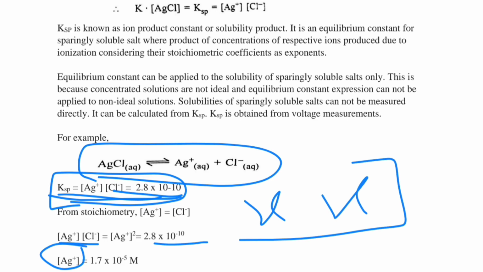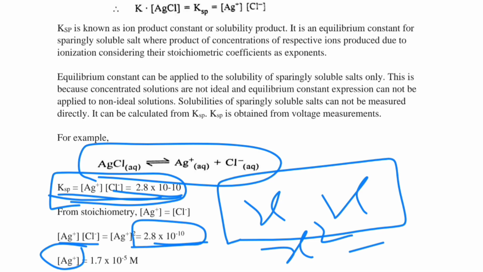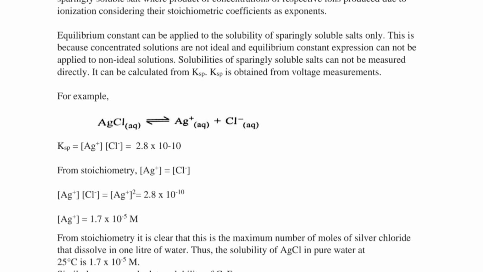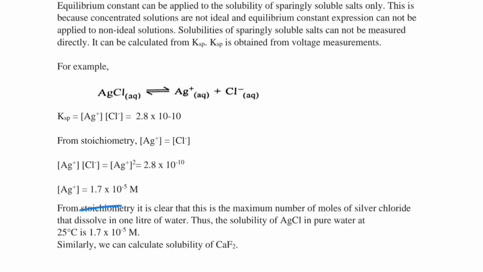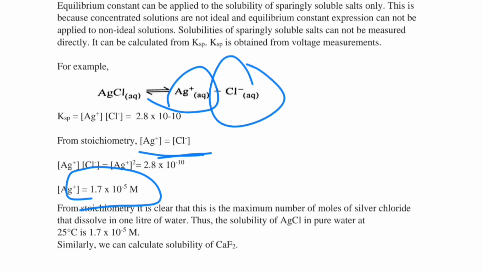So x squared will be equal to this value, 2.8. When we take the square root on both sides, we get 1.7 multiplied by 10 raised to the power minus 5 molar. We get the same value for the chloride ion as well, as there is one ion for silver and one ion for chloride.